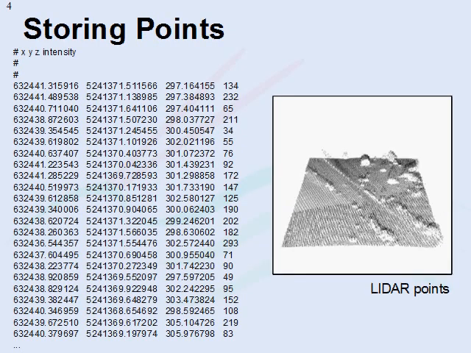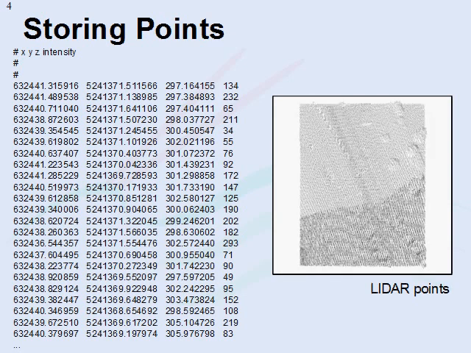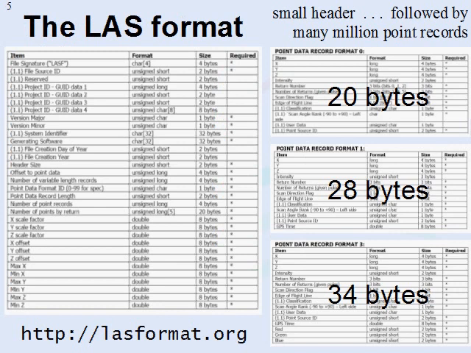Okay, so the standard we all know is simply ASCII: X, Y, Z, sometimes intensities. Those were the first ways the points were stored. And those file formats were good enough until we started storing millions and billions of points in them. Due to the foresight of a few people in the industry, we have a wonderful format.